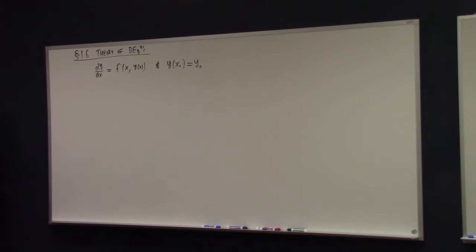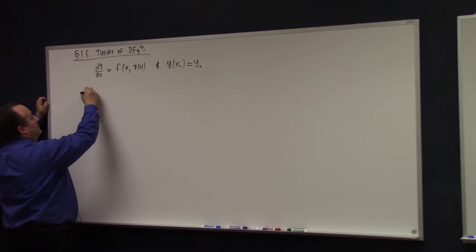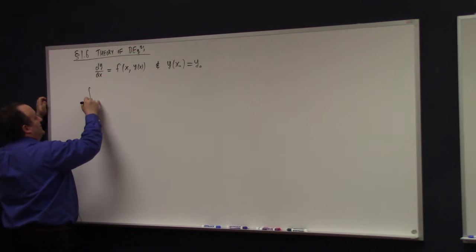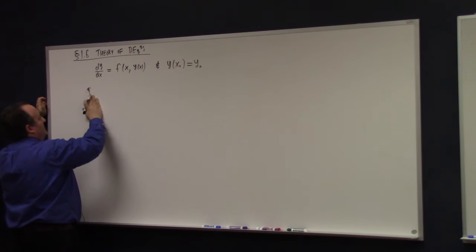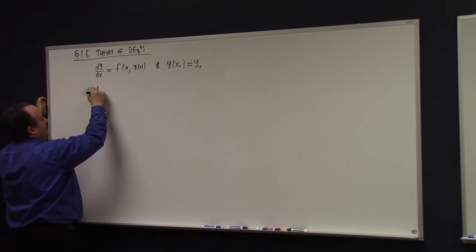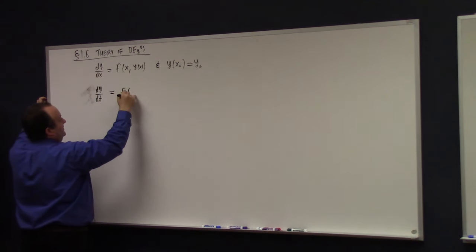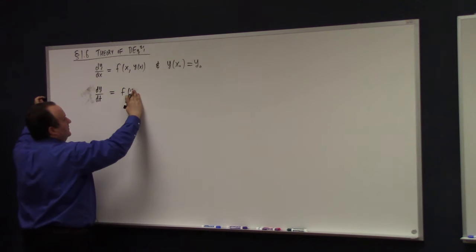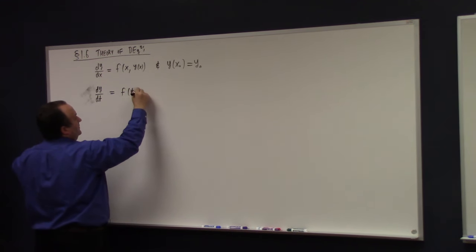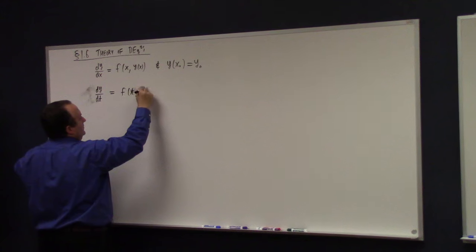So what I'm going to do is just integrate both sides. First of all, I'm going to change the variable. So this is dy/dt equals f of t comma y of t.